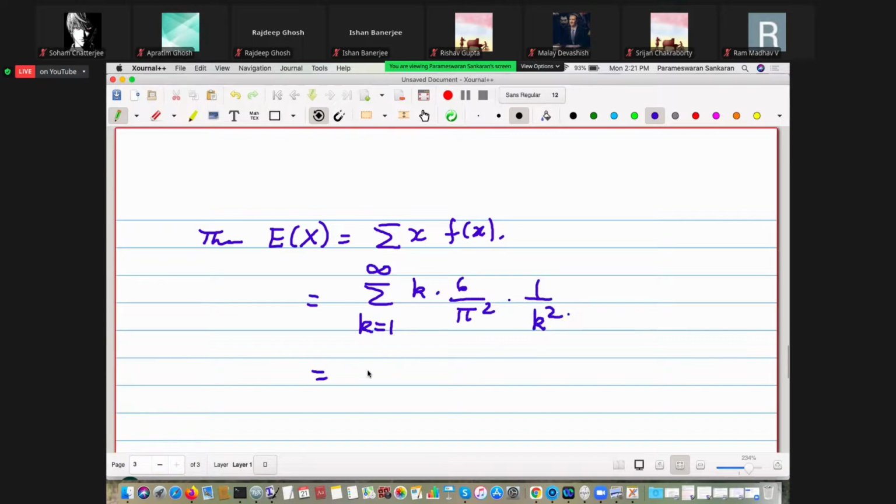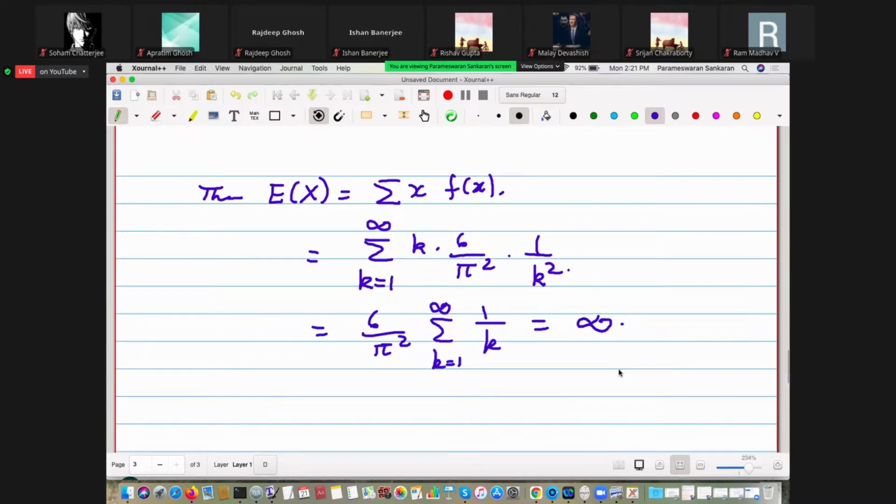Now that is divergent. So this is 6 by pi square times summation 1 by k, and you all know that the harmonic series is divergent, so this is plus infinity.